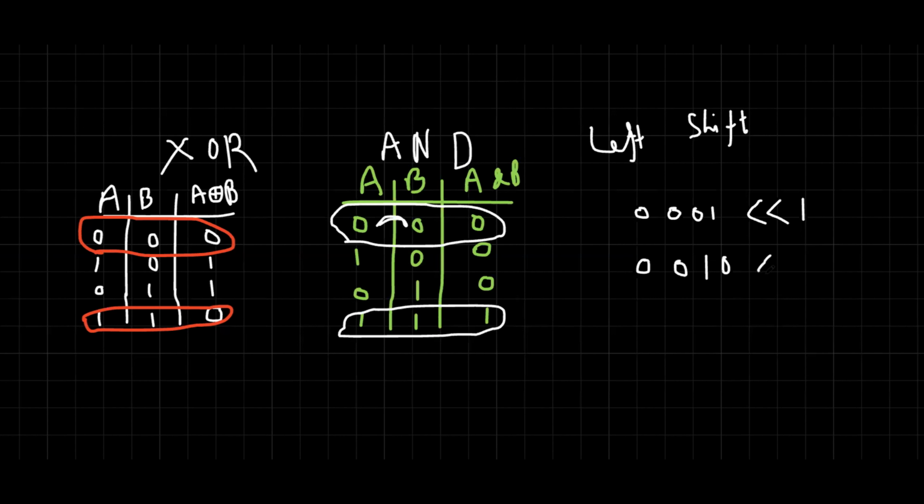Now, if you again shift it by 1, it will become 0, 1, 0, and 0. That means all of the bits are shifting towards the left side. So these are the basic concepts of AND, XOR, and left shift operations. I hope you understand it. Now let's move on to the basic algorithm of this problem.